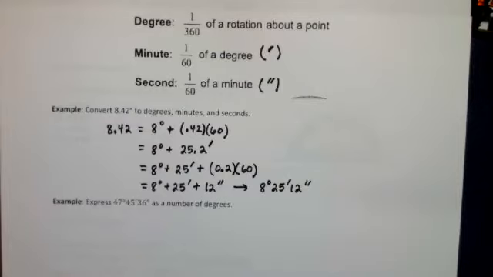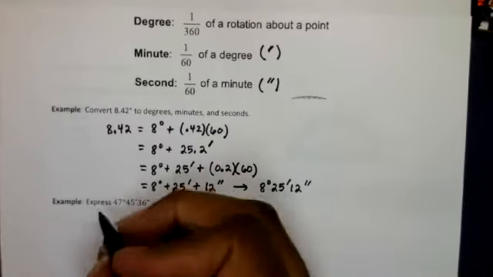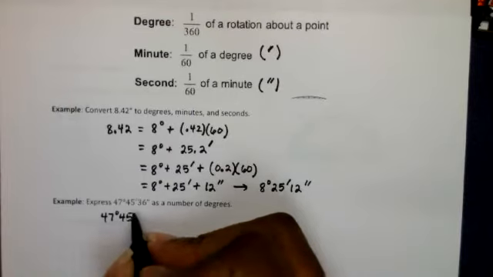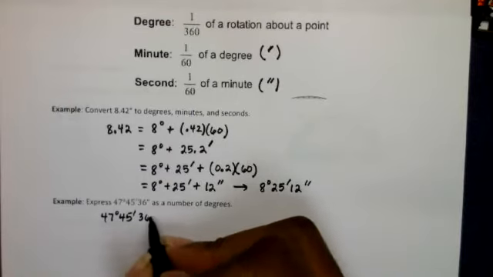Now for this one, let's say I want to convert 47 degrees, 45 minutes, 36 seconds to a number of degrees. So here I have 47 degrees, 45 minutes, 36 seconds.